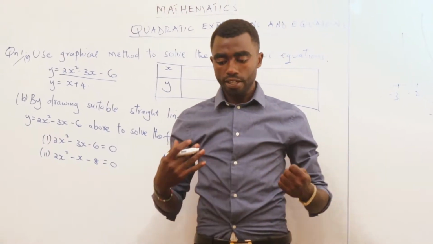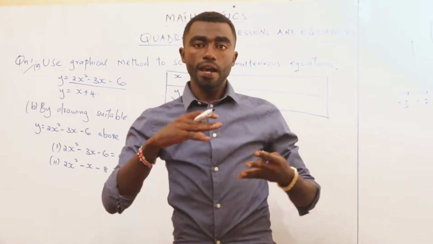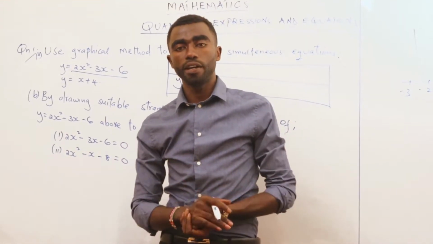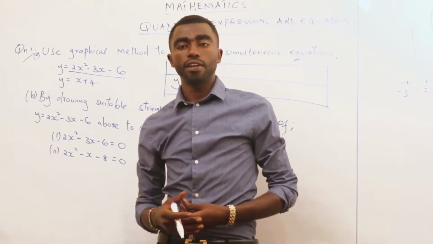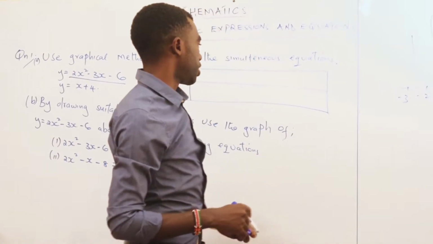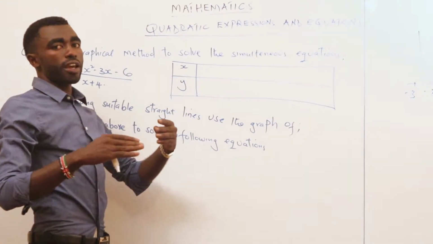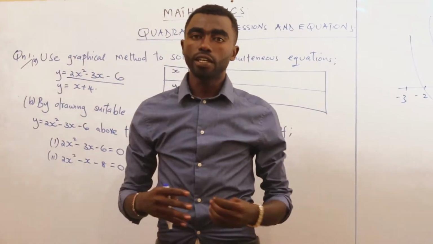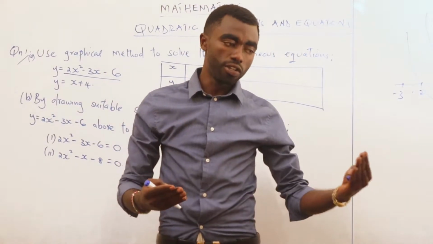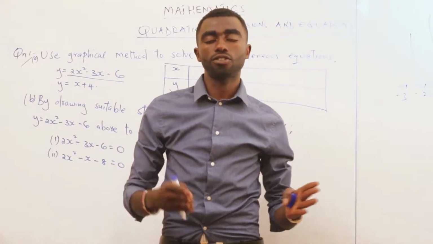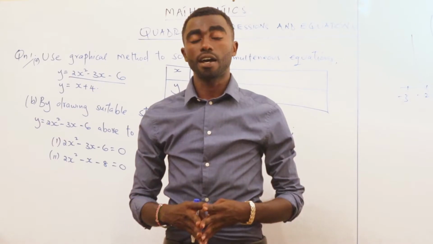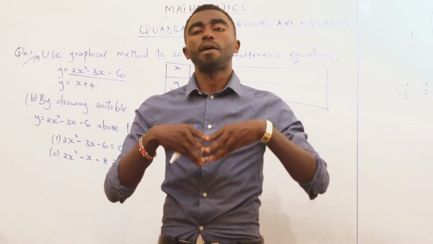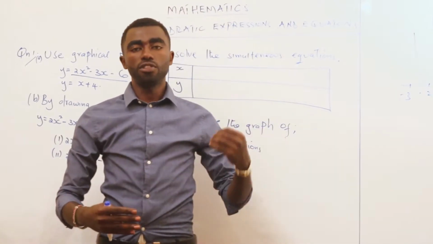So you have to get a suitable scale whereby the graph fits 3/4 of your graph book which you have been using. Then from there you can fill in the values and plot the points which are given. Many times the range or interval of the x-axis values is given, whereby you're told the values of x between this range to this range. Many times the examiners give these values, but many times the values are not given. So it is upon you students to come up with these values.